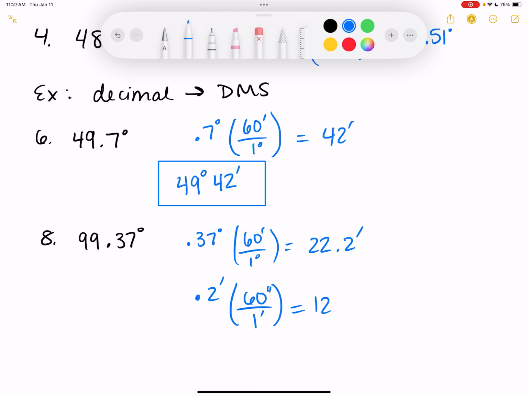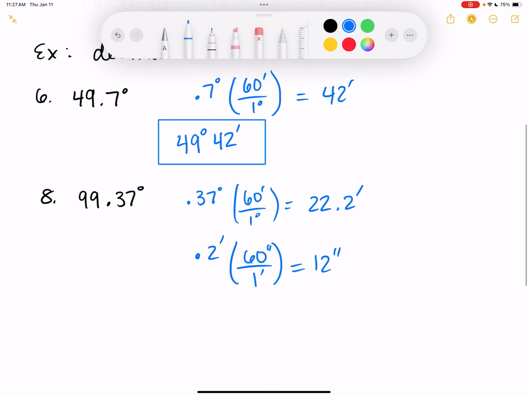So then we have 12 seconds. So when I write my final answer, then I have 99 degrees, 22 minutes. We drop that decimal point off, 12 seconds for our answer.